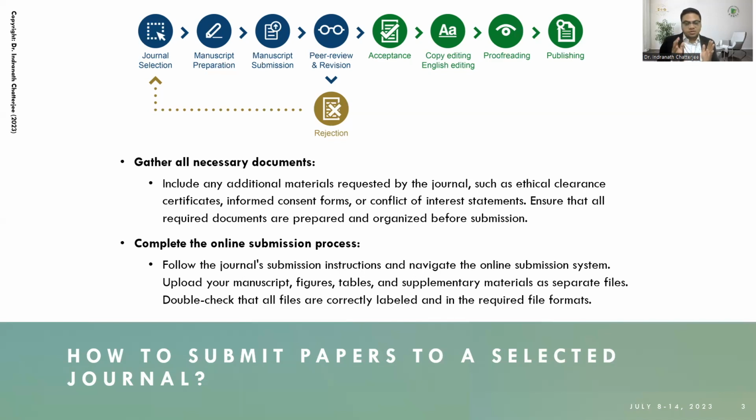Your files should be sorted this way so that it does not create any confusion when the editorial desk, the office staff of the journal, gets your files. So it's very important to correctly label, correctly rename, and maintain the proper file format.